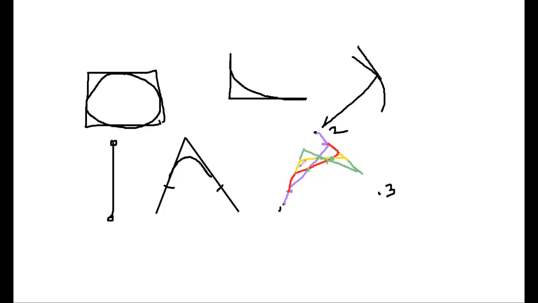The curve for all these incremental values has to lie only within this boundary, right? So the curve is going to gradually take a turn over here itself.